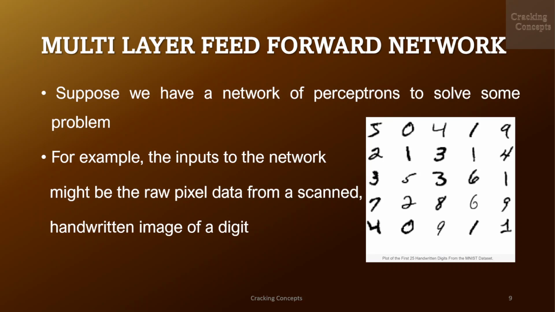Suppose we have a network of perceptrons to solve some problem. For example, the inputs to the network might be the raw pixel data from a scanned handwritten image of a digit.